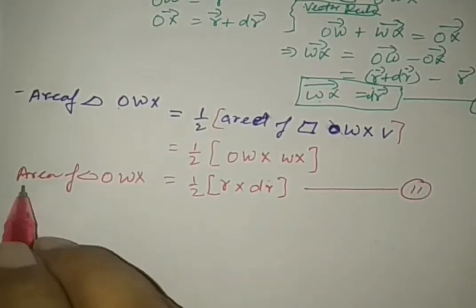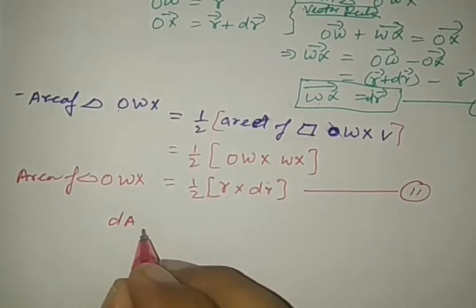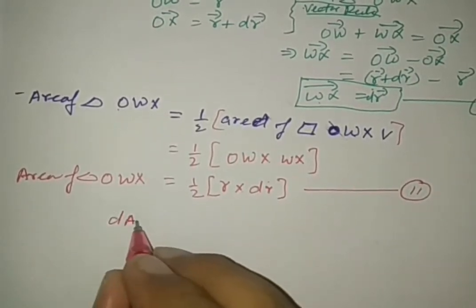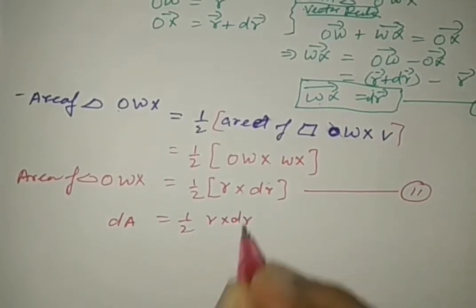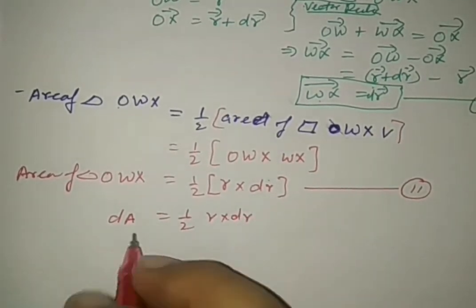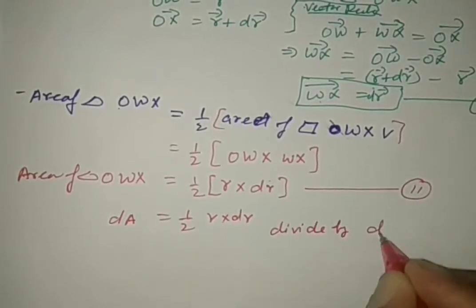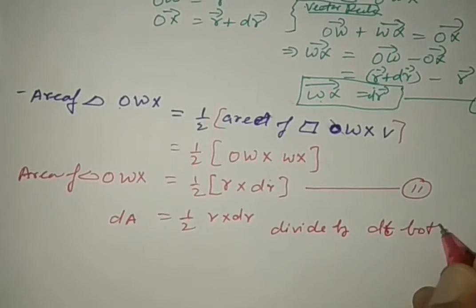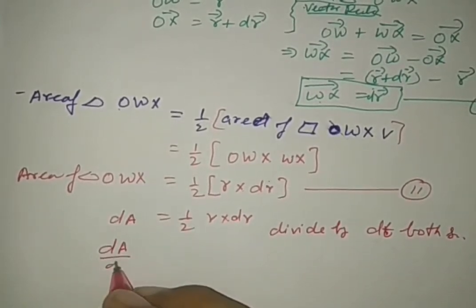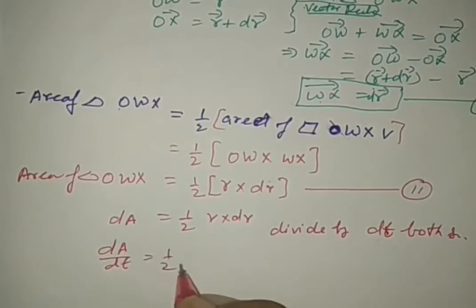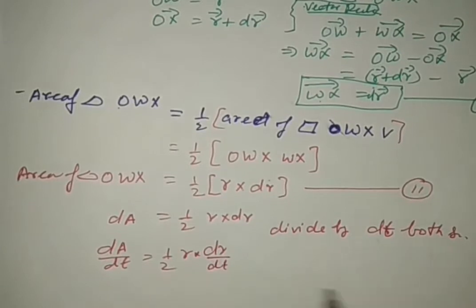Due to the small time interval, it is represented by dA, equal to half R dr. We divide by dt on both sides, so dA by dt is equal to half R dr by dt.